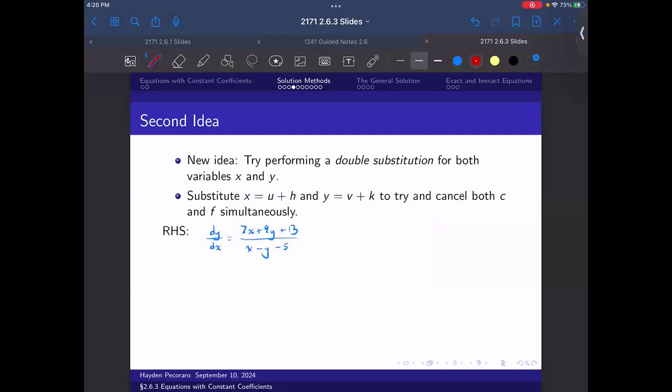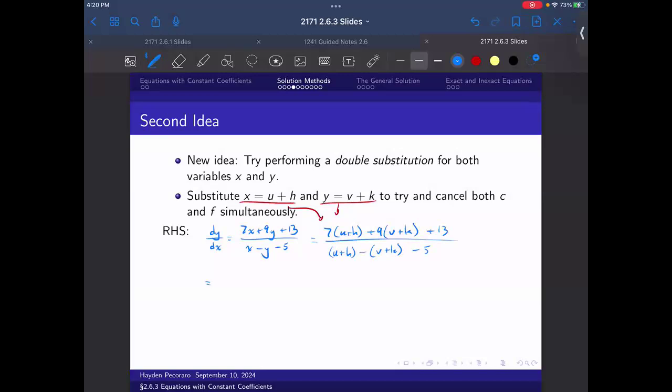And if we use these two substitutions, we should get 7 times u plus h, plus 9 times v plus k, plus 13, divided by u plus h minus v plus k minus 5. Okay. Same thing I did before.